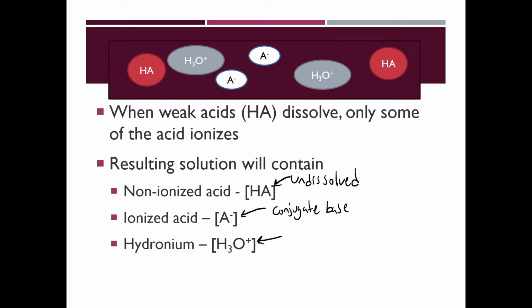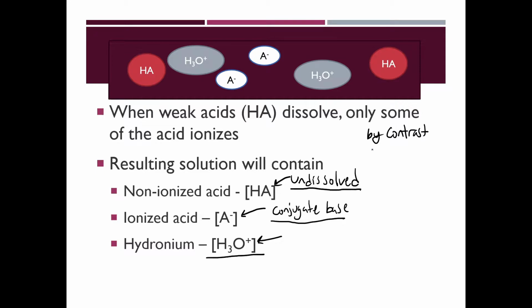And finally, the thing that makes an acid is hydronium. So a weak acid contains all three of these. Because not all of the acid dissolves, there will be some amount of undissolved acid left. There will be some amount of conjugate base, and there will be some amount of hydronium. All three will exist.